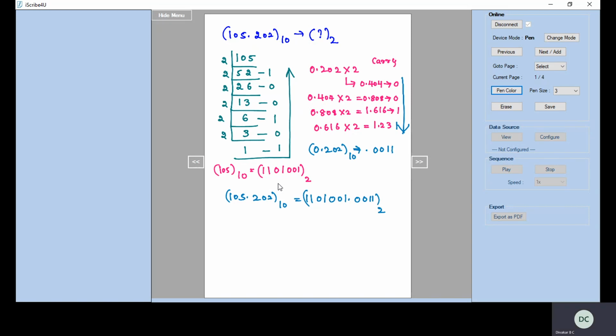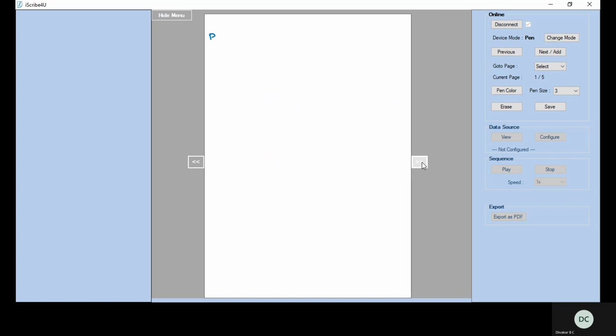And the next conversion is binary to hexadecimal conversion. Binary to hexadecimal conversion. Since 2 to the power of 4 equal to 16, for the given hexadecimal number, write the 4-bit pattern.